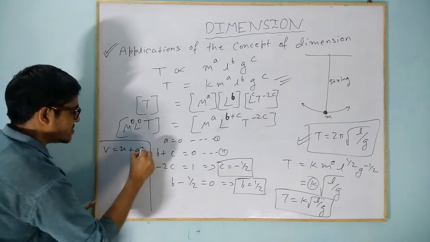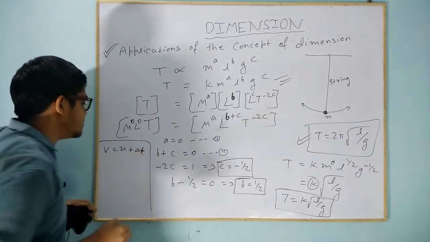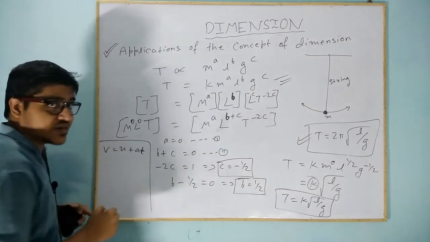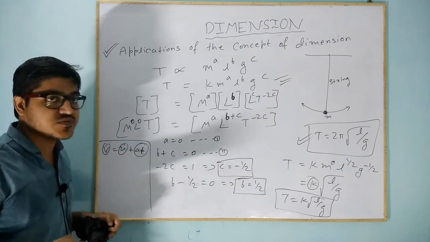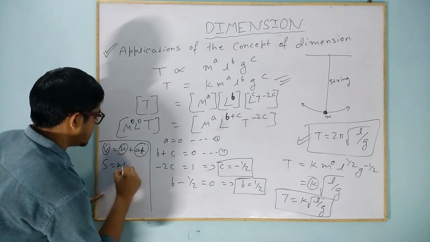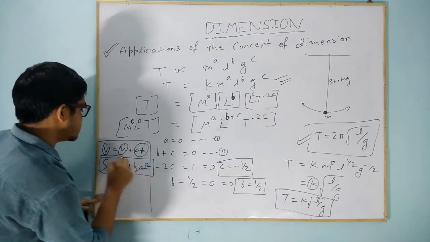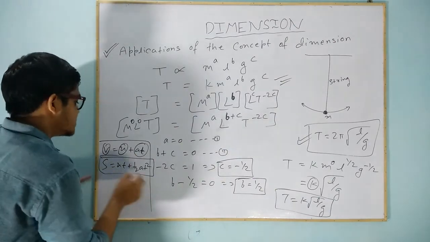You cannot deduce this relationship using dimensional analysis, because this is not a product type relationship. There are more than 2 terms in this equation: 1, 2, 3 terms. Similarly, S is equal to UT plus half AT square.